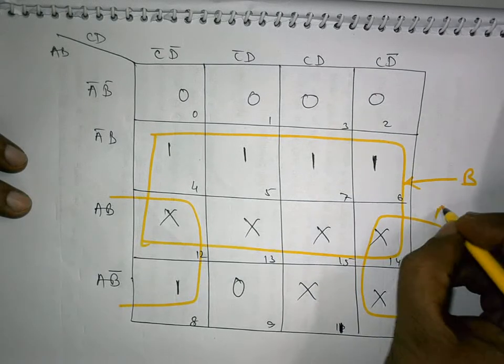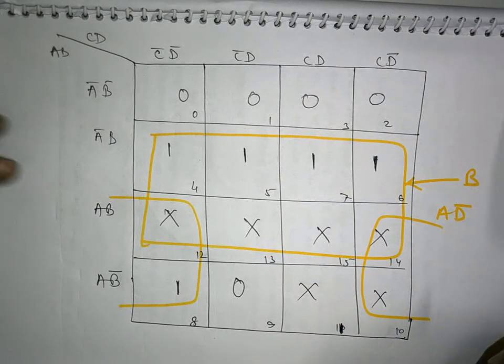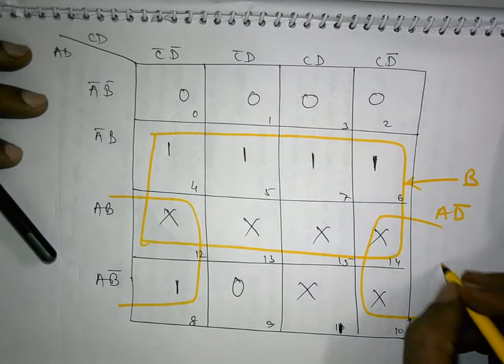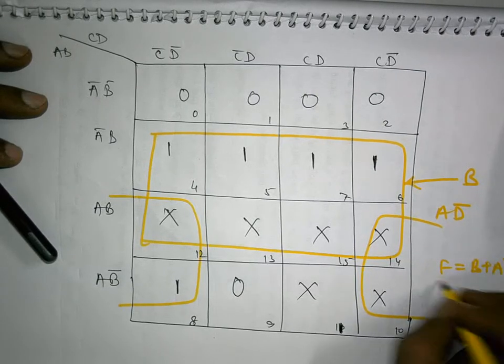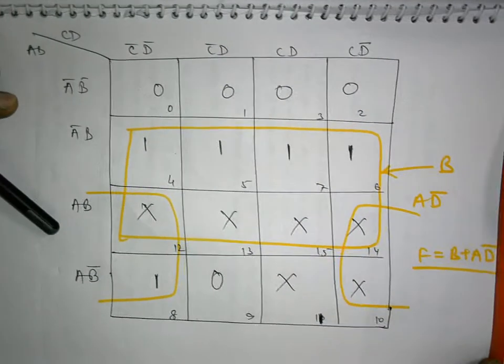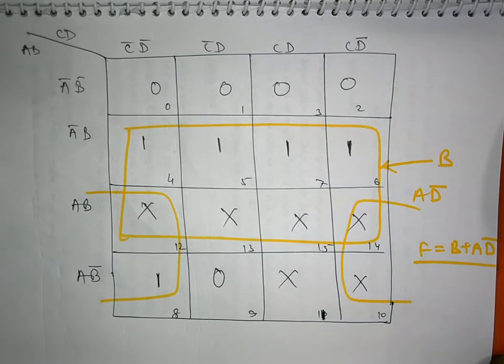AD bar. Okay. Any other group which can be formed? No other group can be formed. So what is the output? F is equal to B plus AD bar. This is the SOP realization.